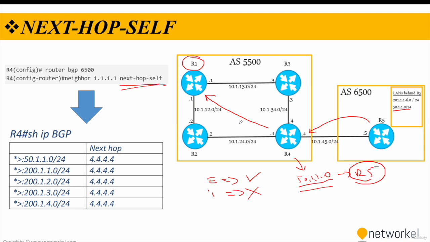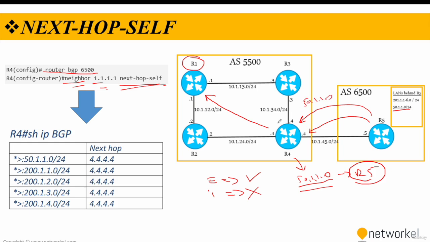Because the iBGP peer does not change the next hop address on the advertised route, this is causing the issue. So what I'm doing is going into my BGP AS and typing neighbor 1.1.1.1 next-hop-self, which means router 5 is still sending me these routes regarding 5.1.1.0.